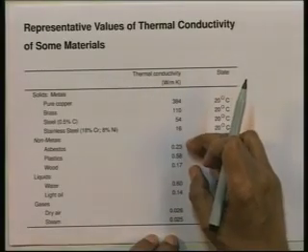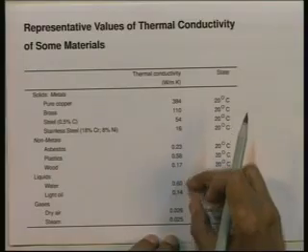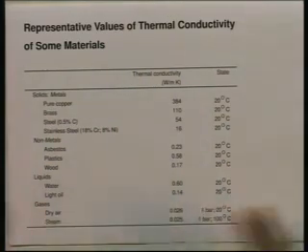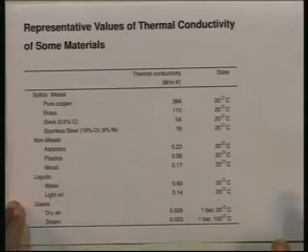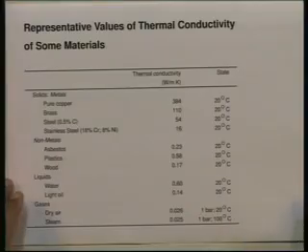Non-metals 0.1 to 1, liquids 0.1 to 1, gases and vapors less than 0.1, typically 0.02, 0.03, 0.04. So, keep these orders of magnitude in mind, because as we go along, we may find it useful to use these orders to judge the magnitude of a quantity we are dealing with.